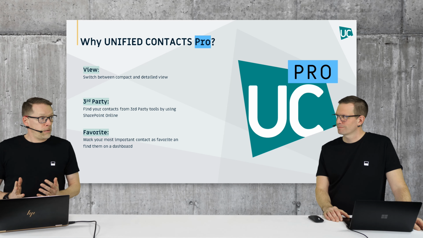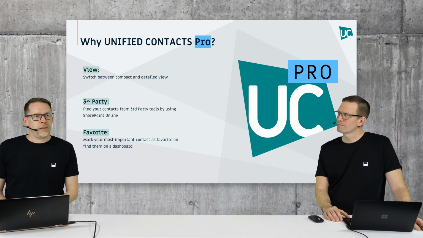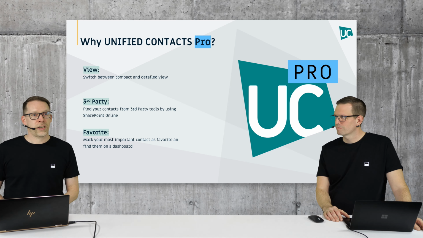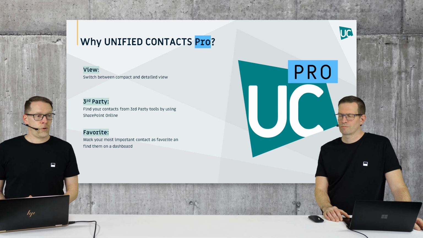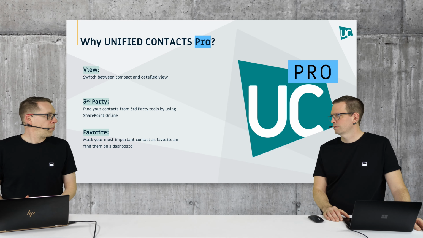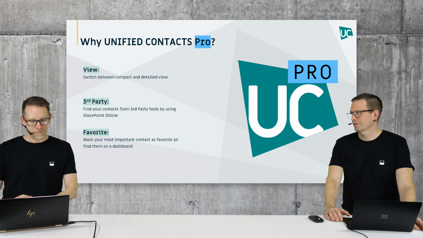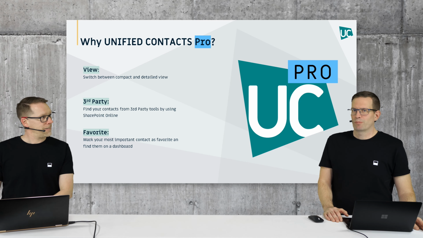For example, we provide different views you can choose from. We have third-party apps or data sources we can integrate in the search. And last but not least, favorites. You can mark special or important contacts into a favorite list.